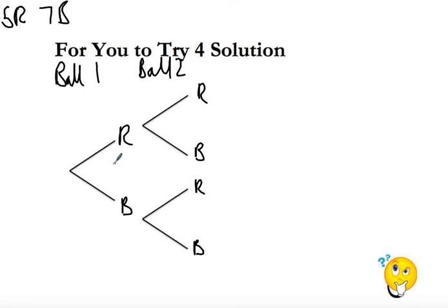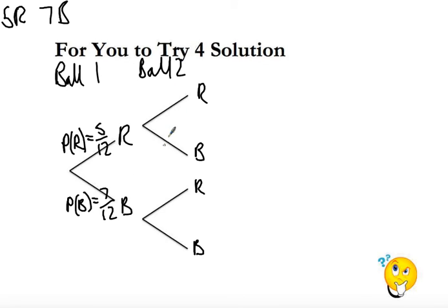Okay, so picking the first ball is easy. Probability of a red equals 5 out of total of 12 balls. Probability of blue is 7 out of a total of 12 balls.